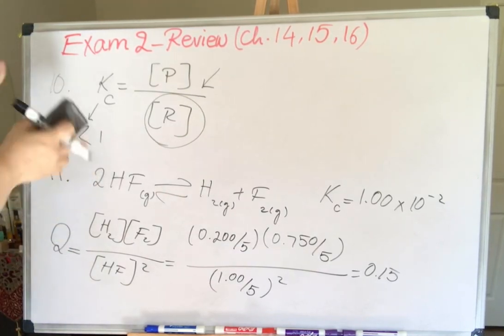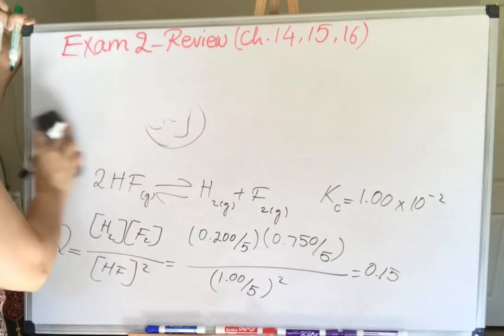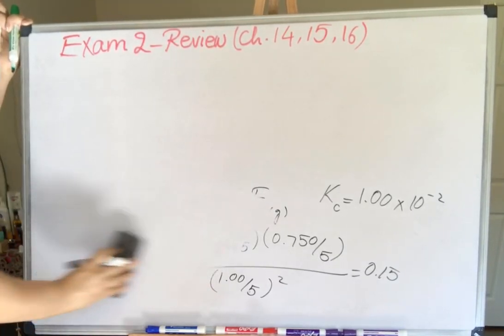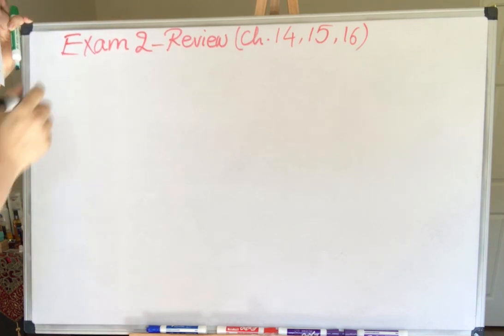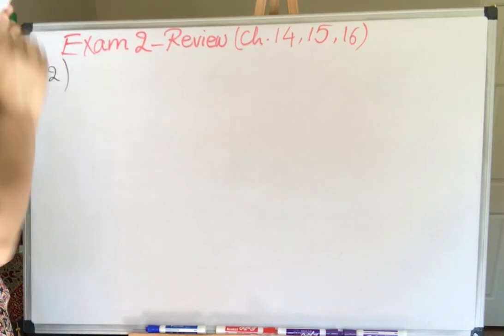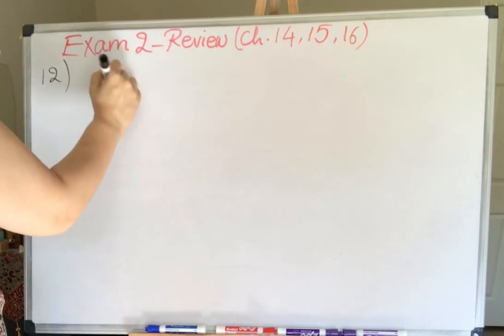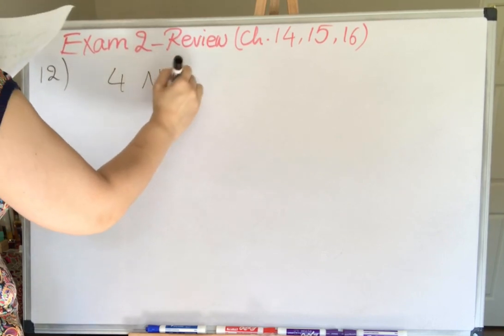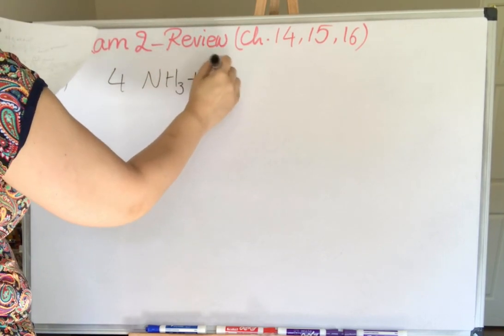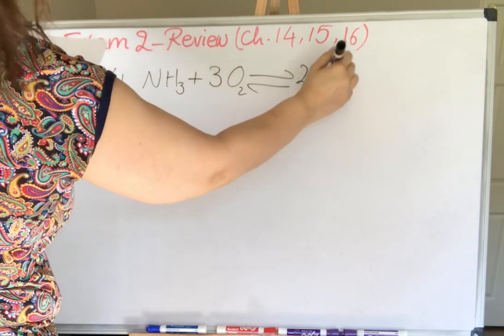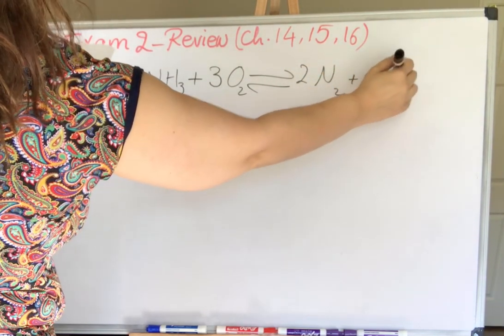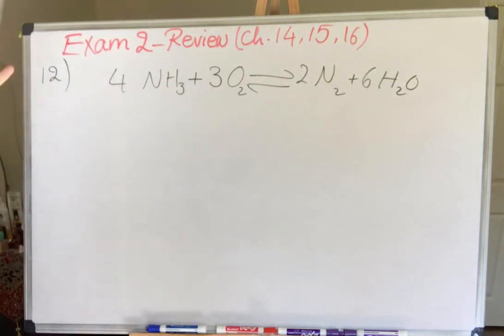Question 12. In question 12, you are given 4NH3 plus 3O2 gives 2N2 plus 6H2O, correct?